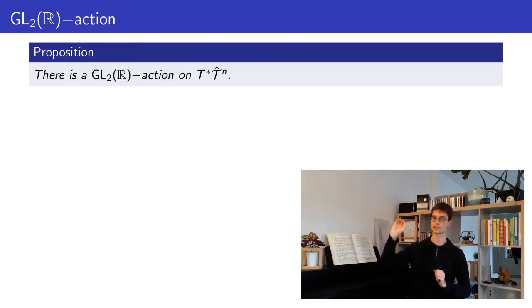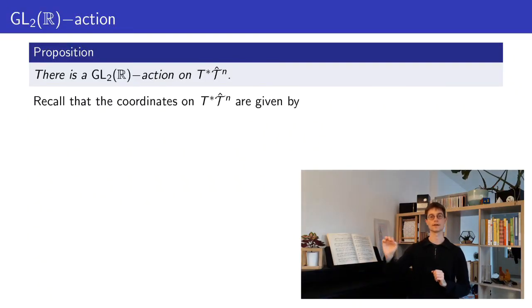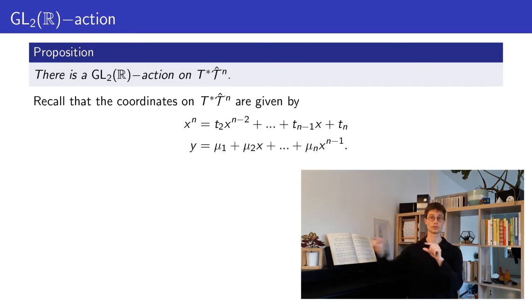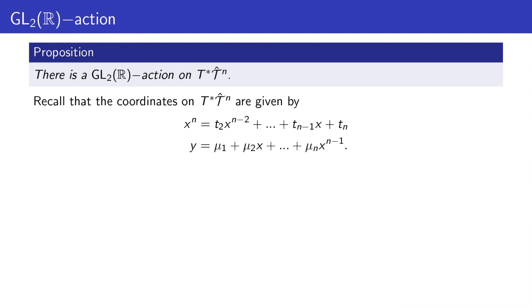A point in this cotangent bundle is in fact given by the total punctual Hilbert scheme. So you have two generators, one which is a polynomial in x, and one which is given by this Lagrange interpolation polynomial. Then you have to notice that you can write GL_2 of R in a complex way, as a complex matrix with entries a, b, b bar, and a bar.